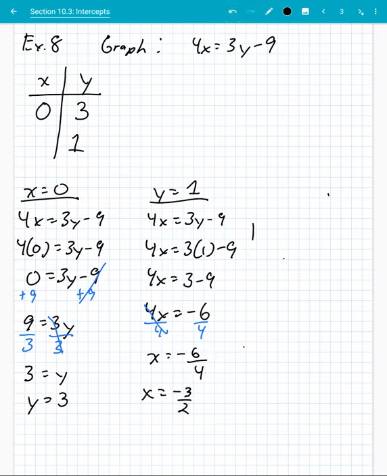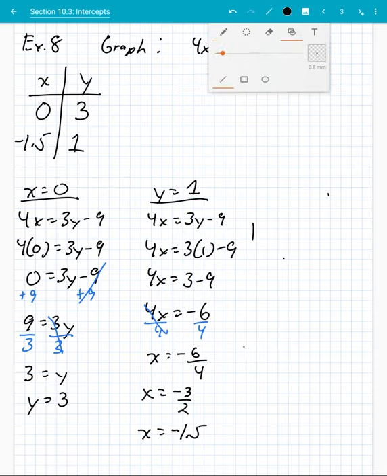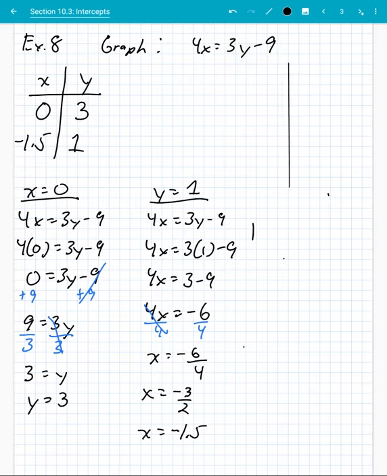And again, graphing fractions might be a little difficult, so we convert the fraction into a number so we can actually find a place to put it on the graph. You got your 2 points. That's all you need. So go straight into graphing. Draw a line right here.